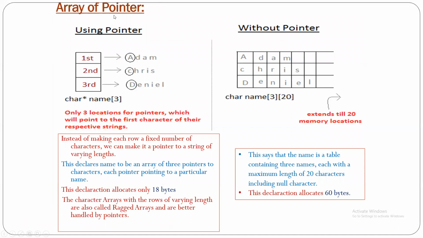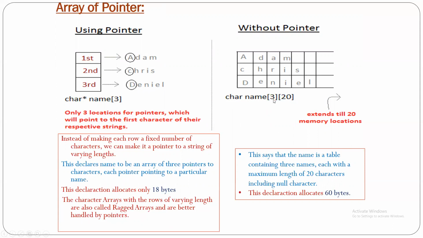Now we will understand what an array of pointers is. Suppose we are not using any pointers and we are taking a character array, a two-dimensional array. Here we have written char name, 3 and 20.